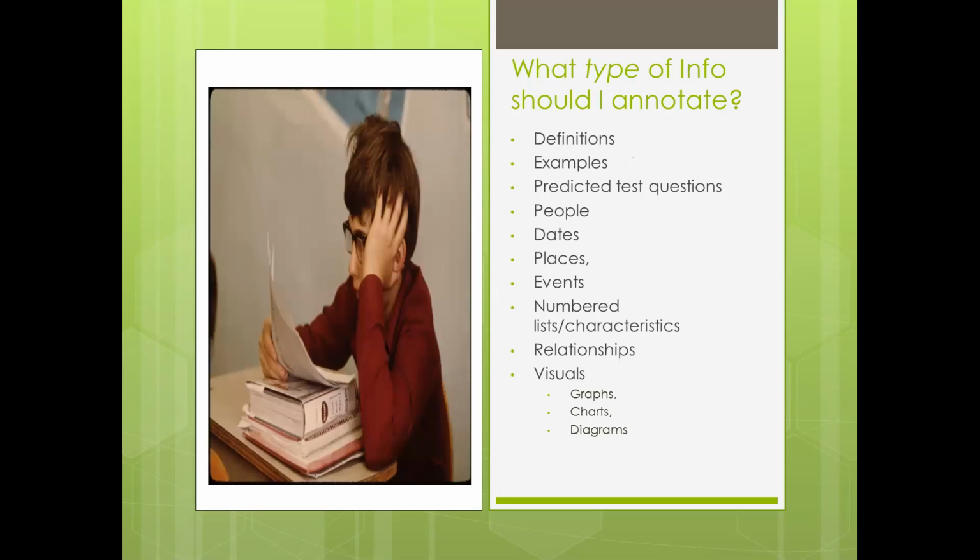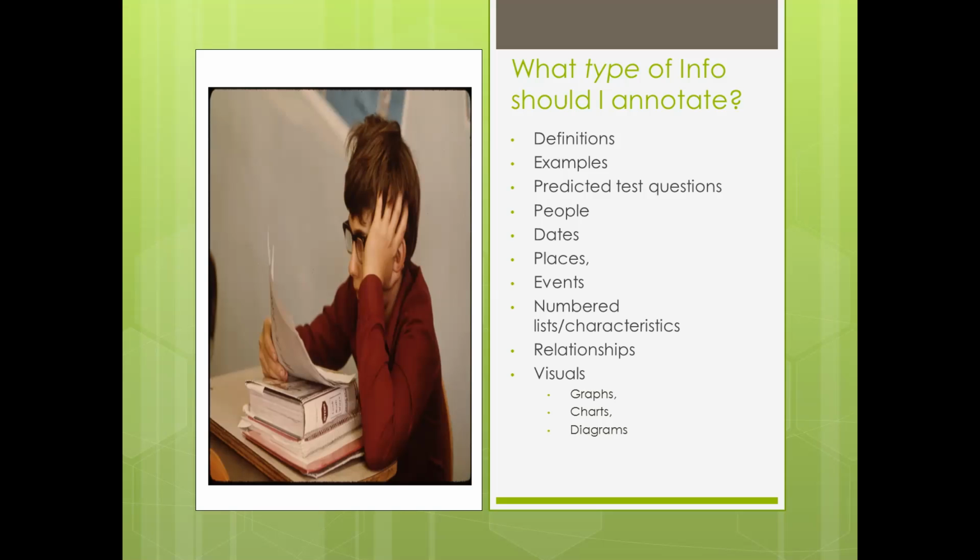Specific information that you should annotate might include definitions, examples, any kind of test questions that you think you can predict by reading the chapter. If you're talking about a history class or a humanities course, people, dates, places, and events are very important. Less so in science and mathematics courses, obviously.